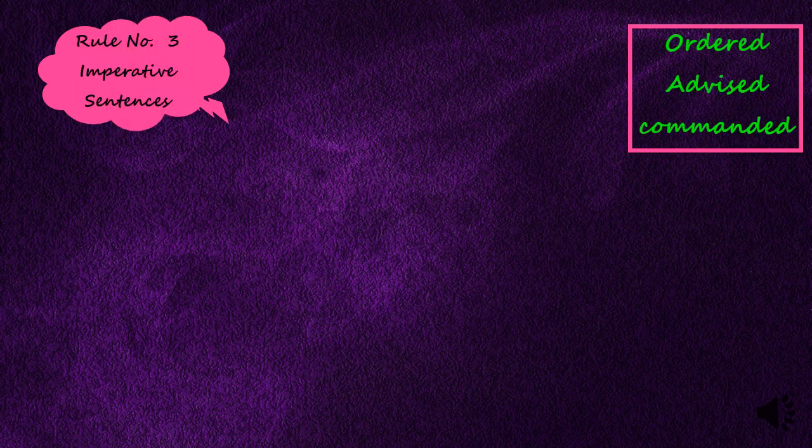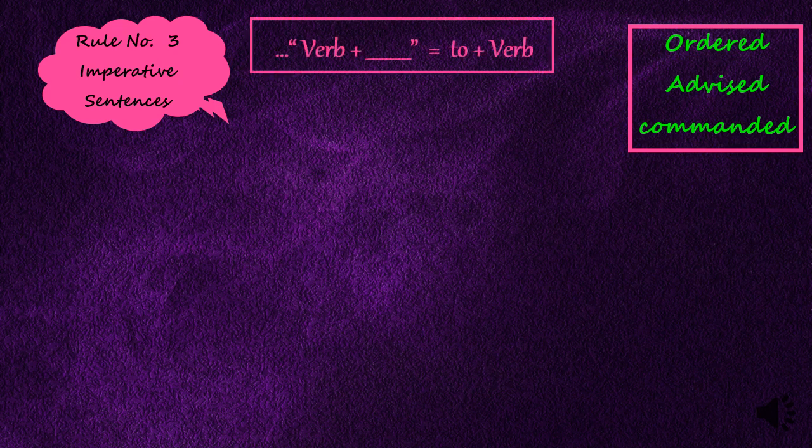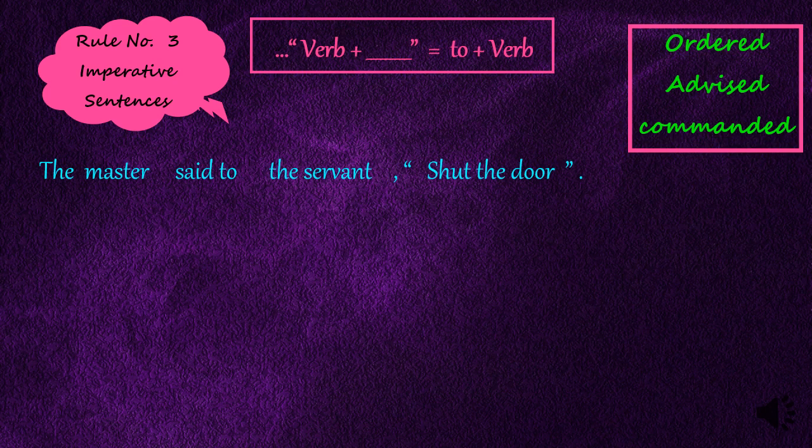Rule number 3. Imperative sentences. For imperative sentences, you need to use the words ordered, advised, commanded, etc. The template goes like this. Verb followed by few other words where the verb has to be changed to to plus verb. Let's assume this example. The master said to the servant, "shut the door."